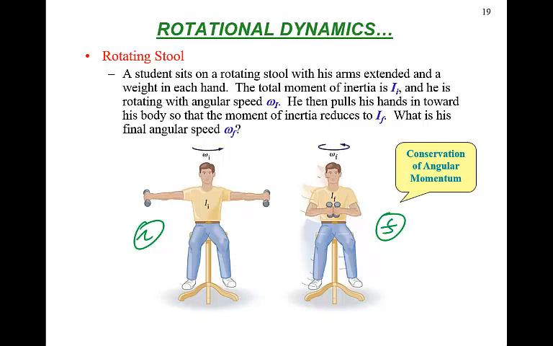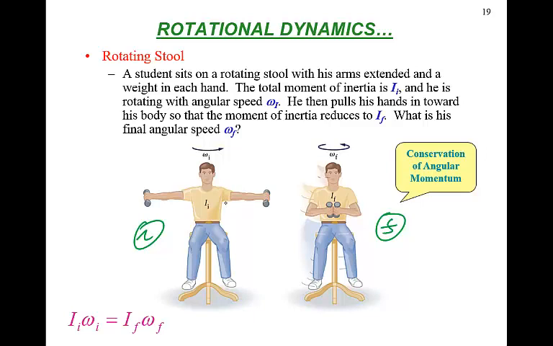By bringing the weights closer to his main axis, closer to the body, he is reducing the moment of inertia, because we said early on that the moment of inertia depends upon the mass and where the mass is located. The closer it is to the axis of rotation, the smaller the I. The farther away the mass from the axis of rotation, the larger the I is going to be.